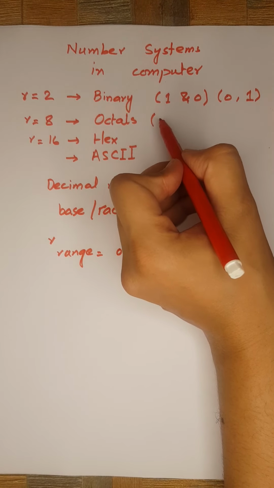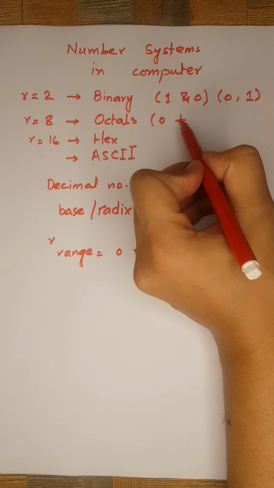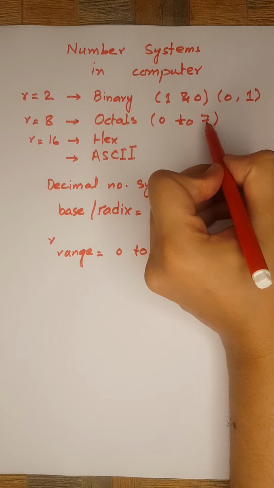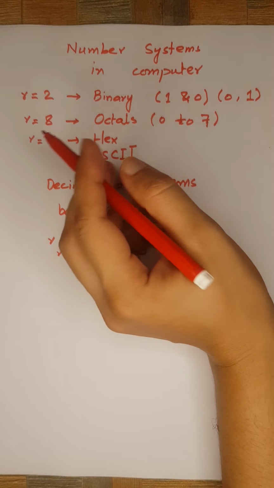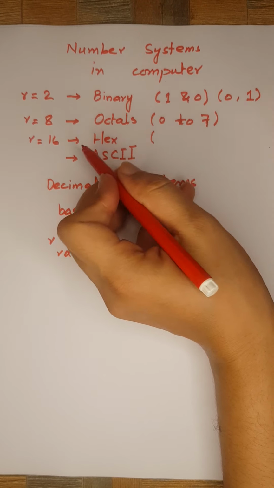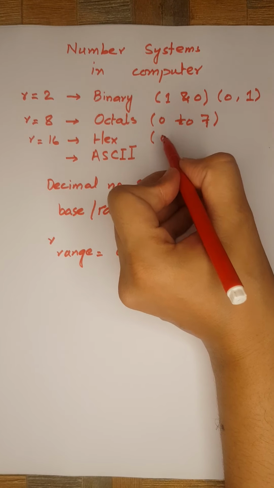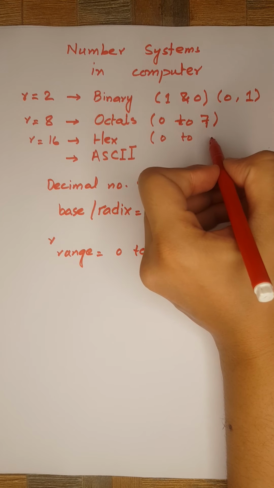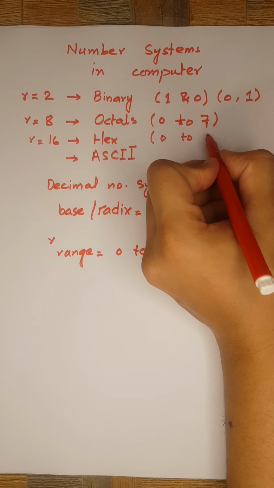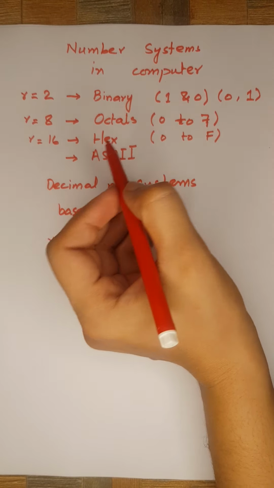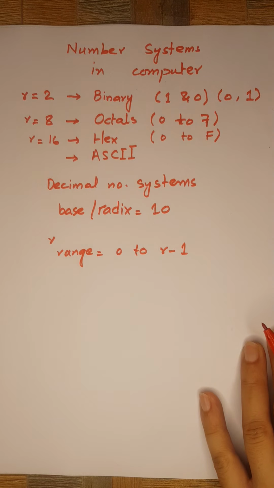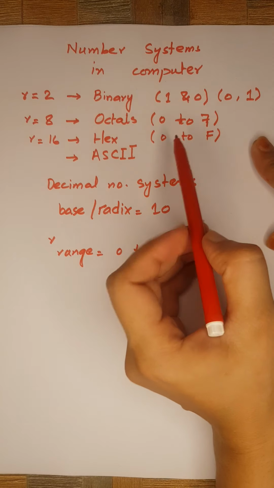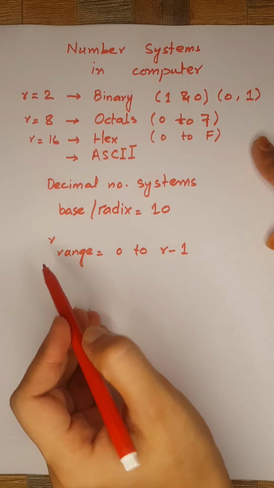For octal numbers we have the range from 0 to 7, so we can represent 0 to 7 in octals. Similarly, for hex numbers we have the range from 0 to 15, and in place of 15 we use the alphabet F. We will see later on how we actually represent these numbers in the binary format as well. So in this way we have determined the ranges of the different numbers.